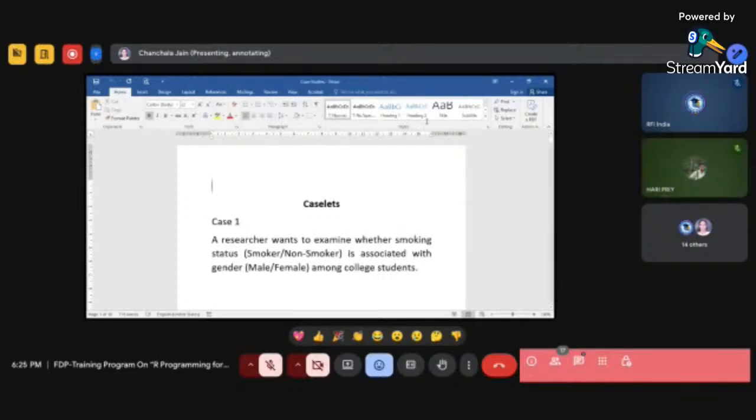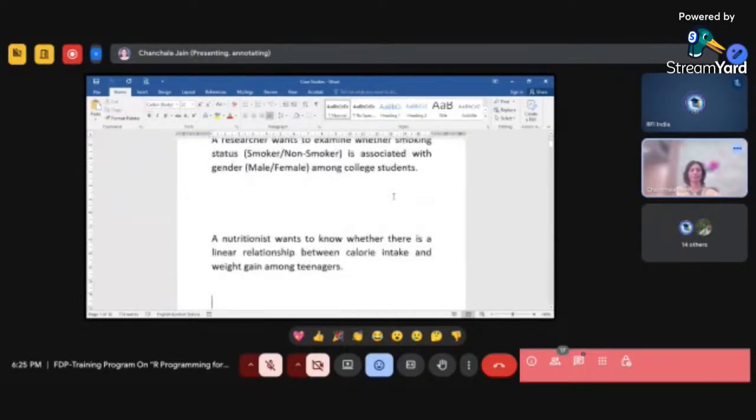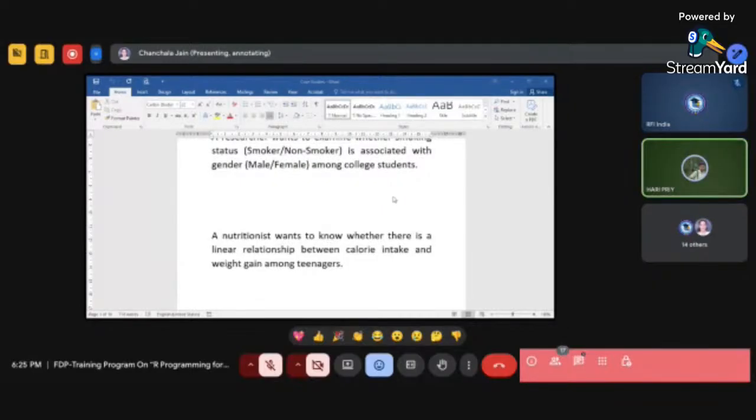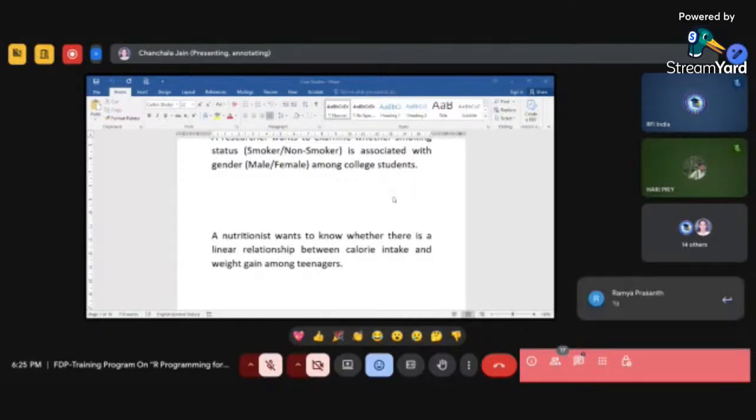Fine. I have shown you. I hope it is visible, Ramya ma'am. Sir, can you read it? Sir, my screen is visible. Yes, ma'am. Visible. It is readable. Okay, fine.